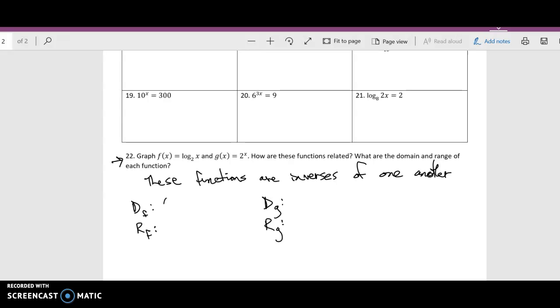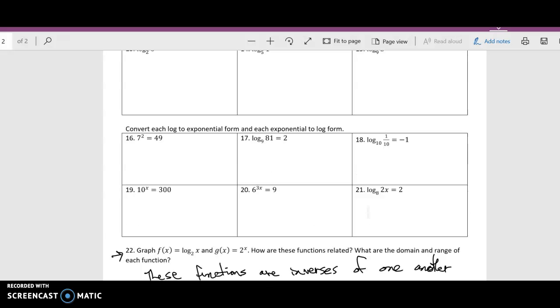All right, so this is 0 to infinity because there was a vertical asymptote at x equals 0, which means this guy is 0 to infinity because there's a horizontal asymptote at y equals 0. These are both all reals. And notice that these guys swap, right? The domain and range, and that's a characteristic of inverses.